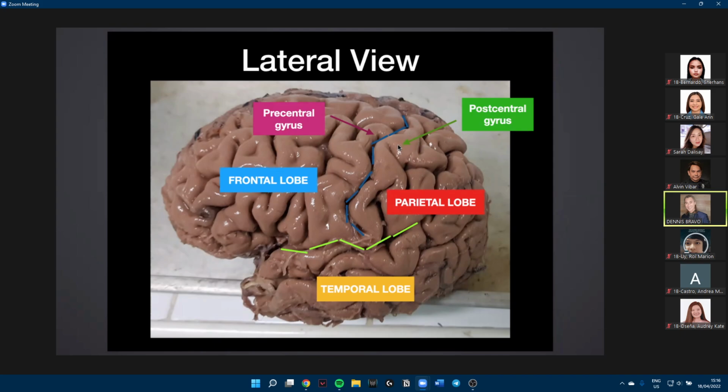This is because sensory information such as your sense of touch, your vibratory sense, your sense of pain, among other things, all terminate in this part of the brain. So you're able to feel pain because that sensation terminates in this particular area. You're able to feel touch because that sensation also terminates in this part of the brain.